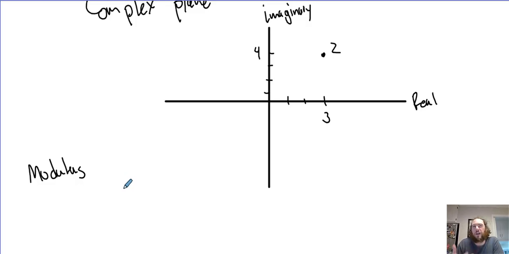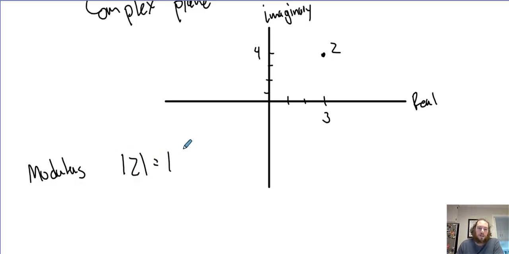If we were thinking about it in terms of vectors or trigonometry, it's the magnitude of this vector that would make this complex number. The notation uses those vertical brackets.